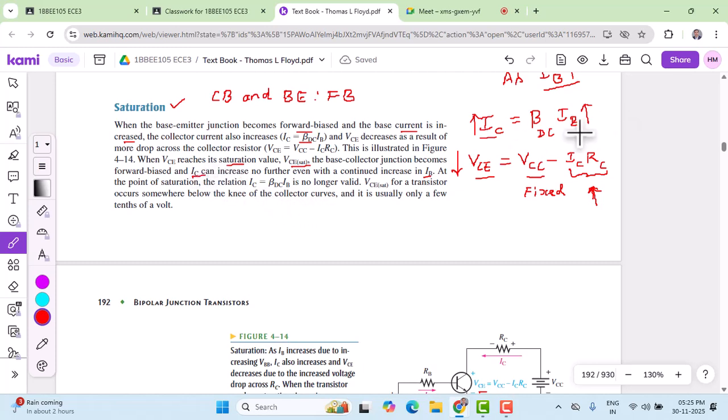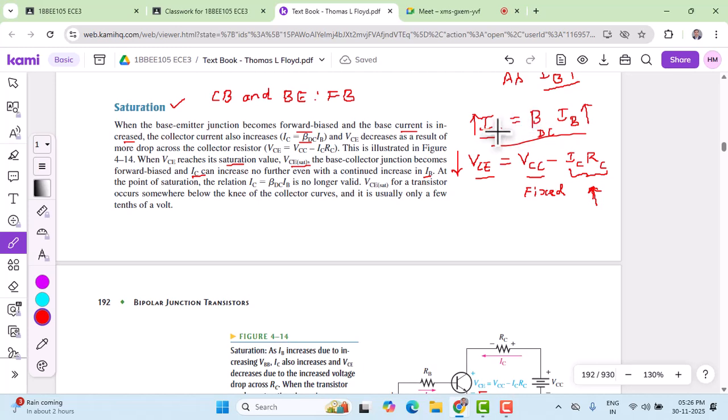We have shown the equation IC equals beta IB. This equation is valid only in the active region. Once VCE becomes equal to VCE sat, the transistor is in saturation.